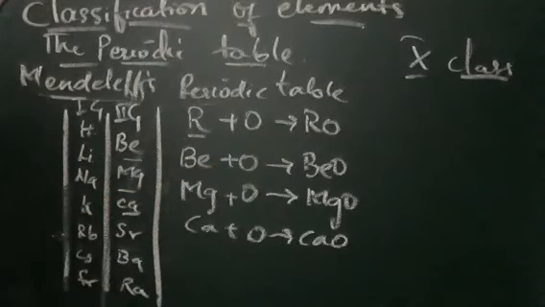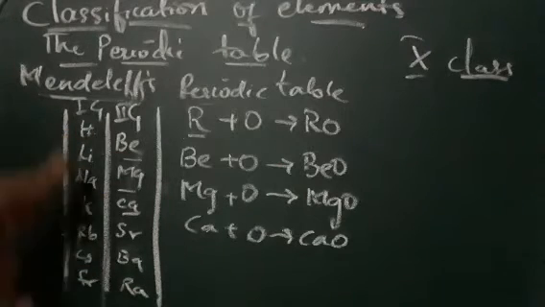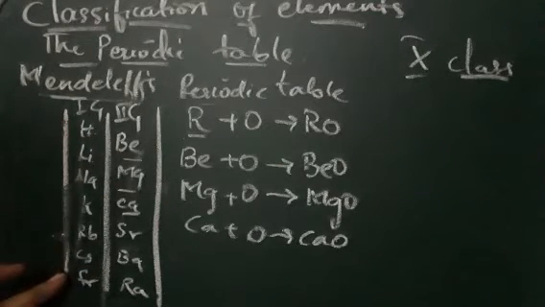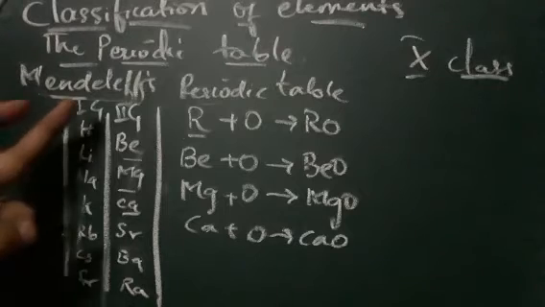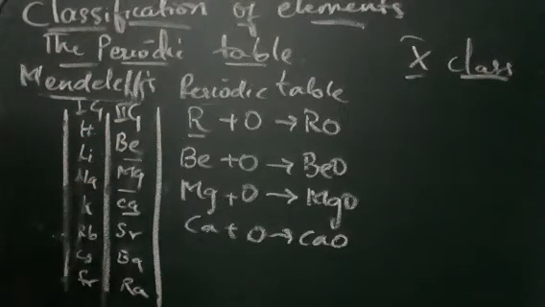Mendeleev tried to explain the similarities of the elements in the same group in terms of their common valency. You can see that the valency of all these elements is the same. The elements present in the first group have valency one, and the elements present in the second group have valency two. With the help of valency, he tried to explain the similar properties of the elements present in the groups.